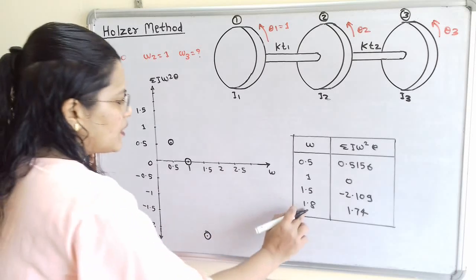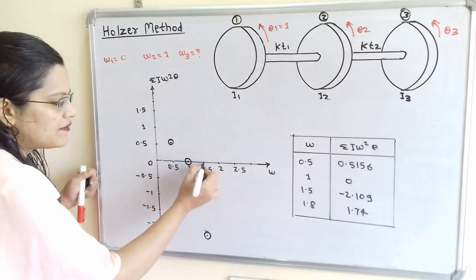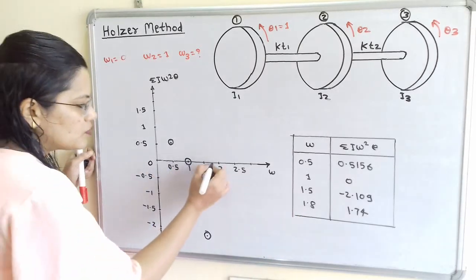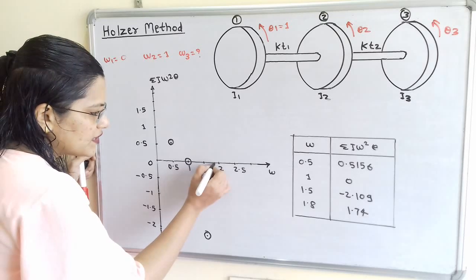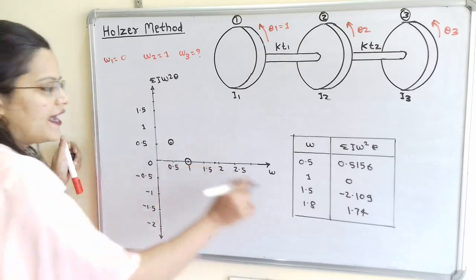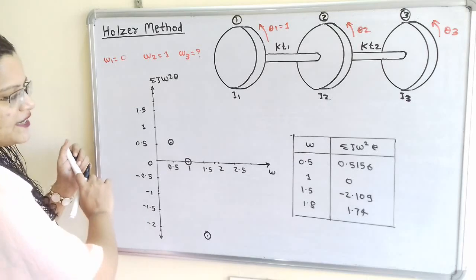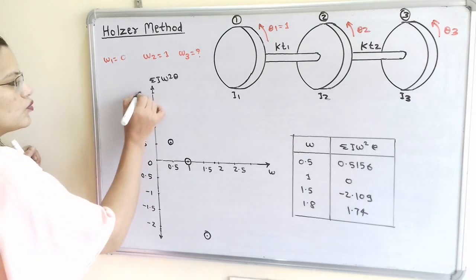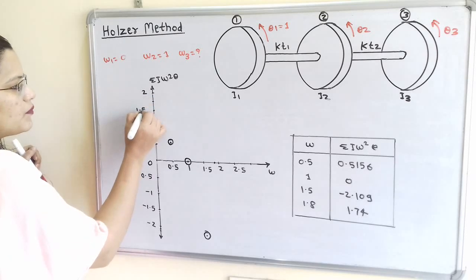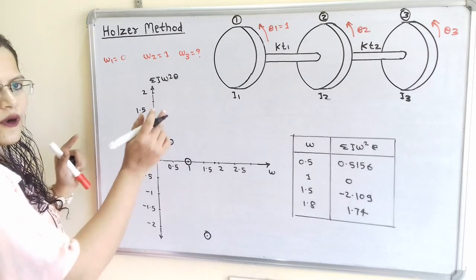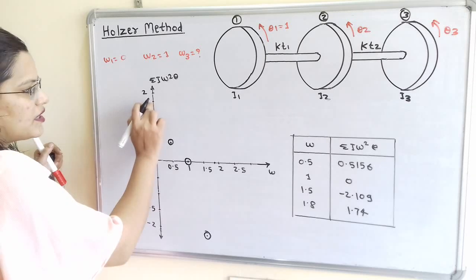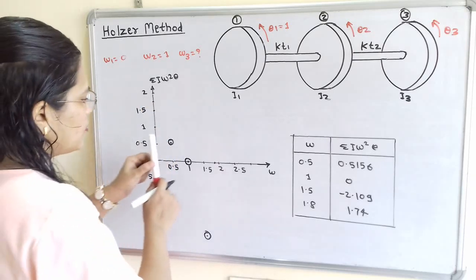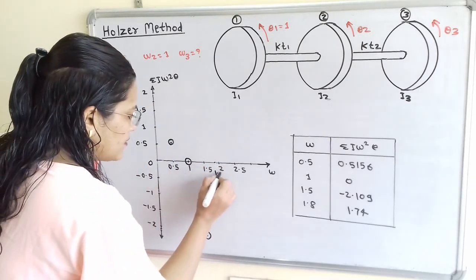Now next is 1.8. In between 1.5 and 2, after this middle point there is the 1.8 point and the value is plus 1.74. Here is 1.5 and here is 2. In between 1.5 and 2, the approximate middle point is 1.74. So here is 1.8.